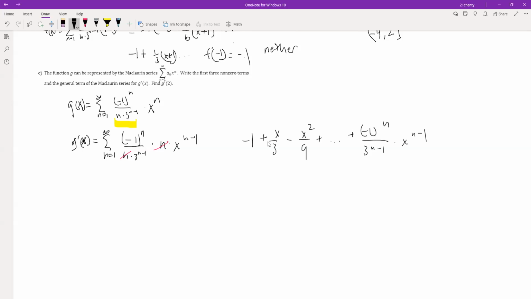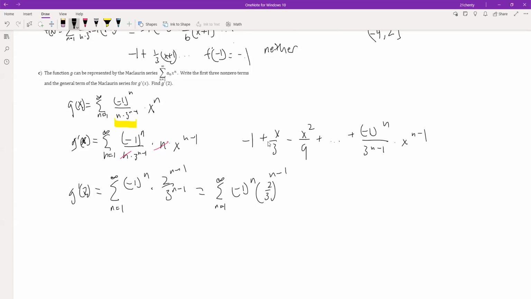Now we're finding g prime of 2. So g prime of 2, I see what they're doing here. So now g prime of 2, let's plug in 2 to this. And we will get, here, I'll write it like this. So it's a little more clear. Oh, whoops. So this is just a geometric series, right? Because we can take out this exponent, and r equals 2/3.